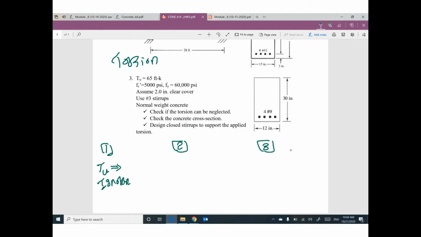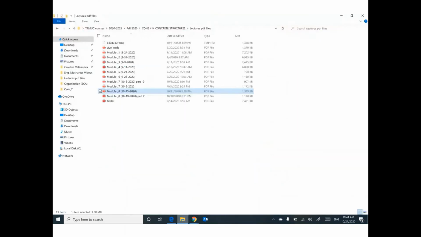The second one, make sure the cross section of concrete 12 times 30 is okay or not. The third step, we need to figure out the value of area T divided by S. Most of you did this step incorrectly. I'm not sure why. Let's do it with you.